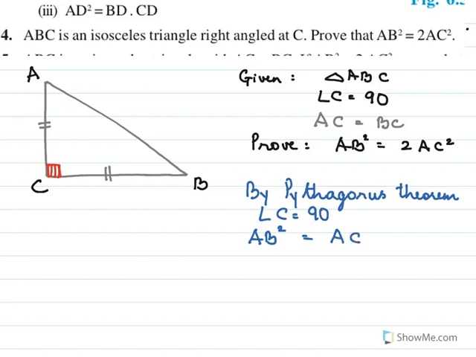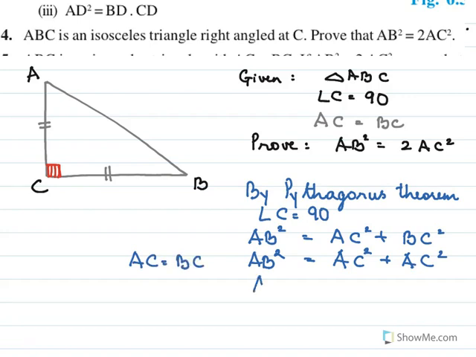So AB square equal to AC square plus BC square. So AB square equal to, now I know AC equal to BC. So I write here AC, and for BC again I write AC. And the reason, AC equal to BC, is given to us. So AB square equal to twice AC square, and I have proved it.